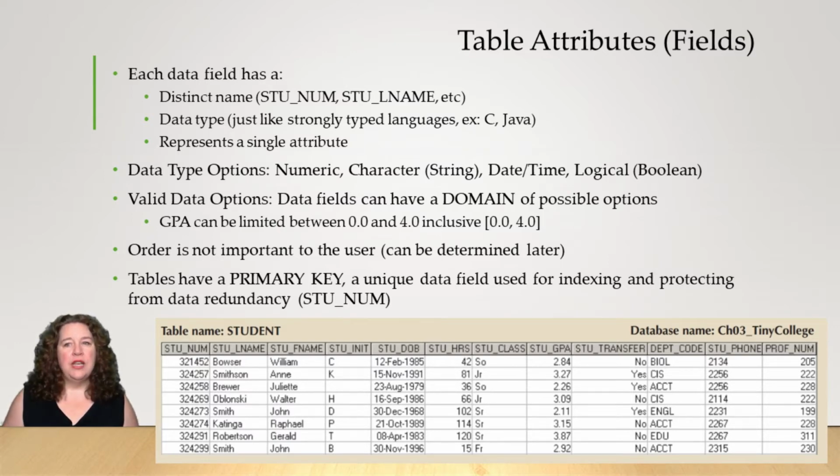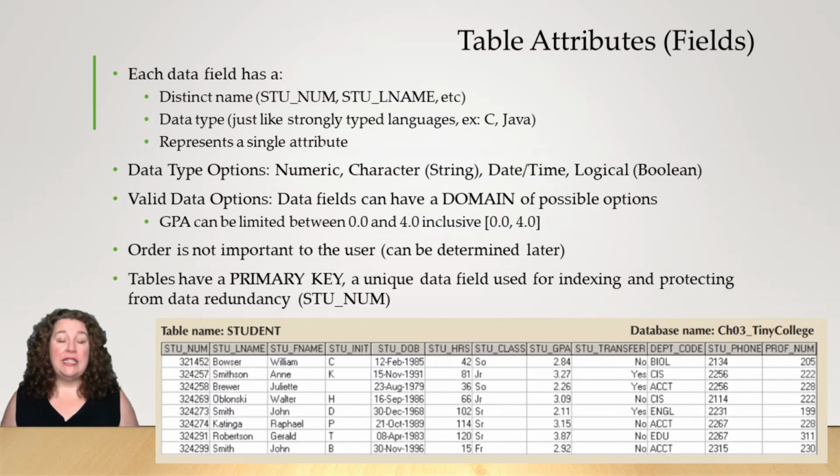When we use data fields, there is a set of valid data options, which is your domain. So if you remember domain and range, again, back to high school math, your domain is going to be the possible list of options that you could put into this field.